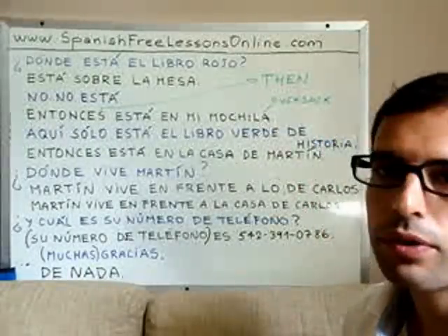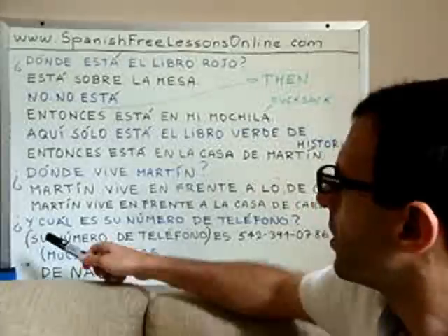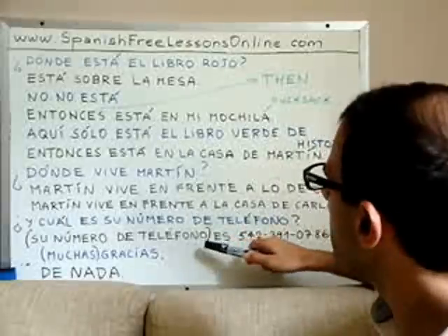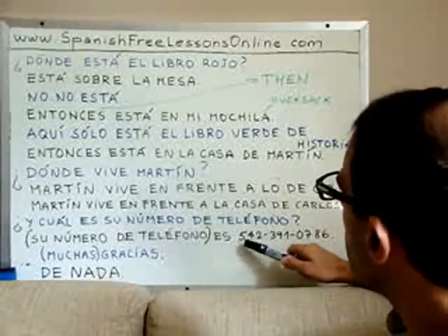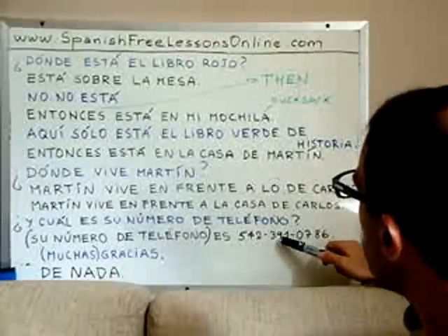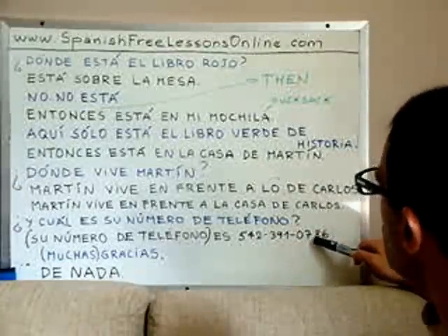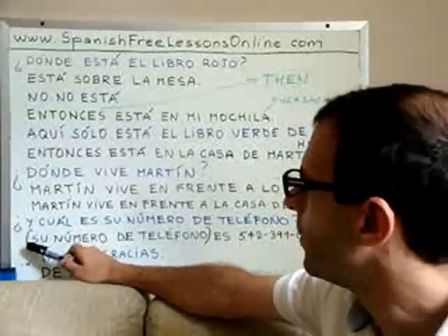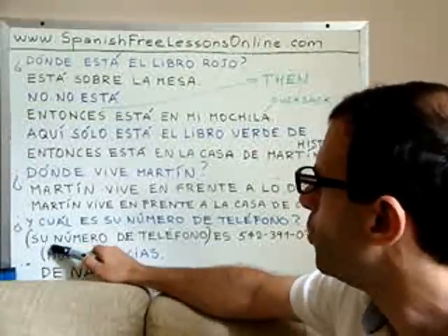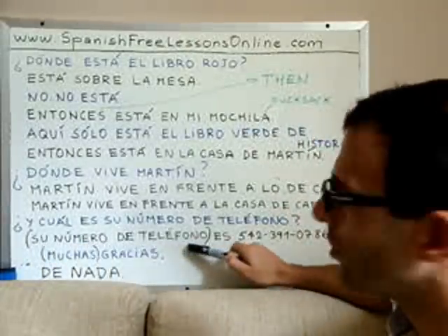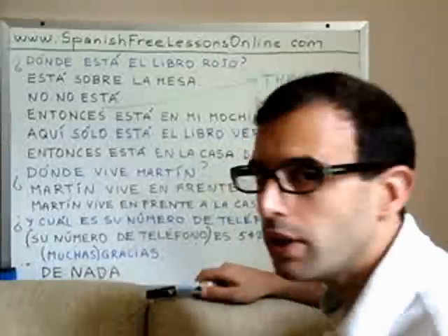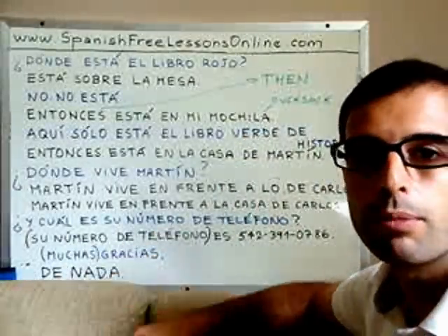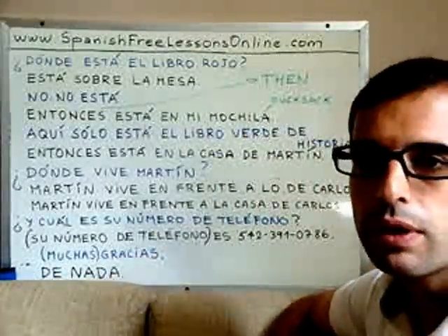So it's a bit redundant, although it is correct to say su número de teléfono es 542-391-0786, right? You can actually omit su número de teléfono in the answer, okay? Because we already know that we are talking actually about the phone number. So the answer can be very short.